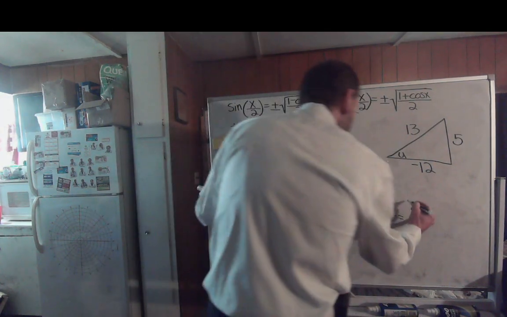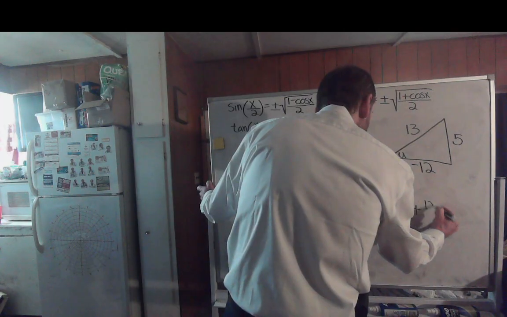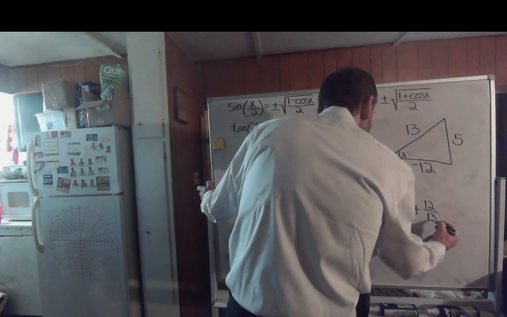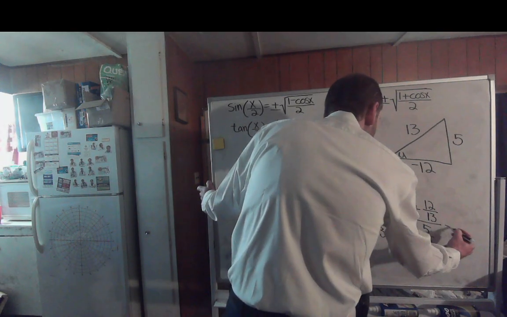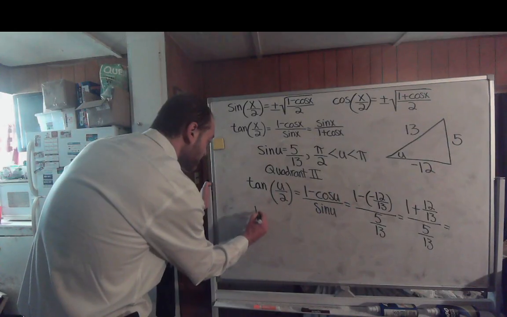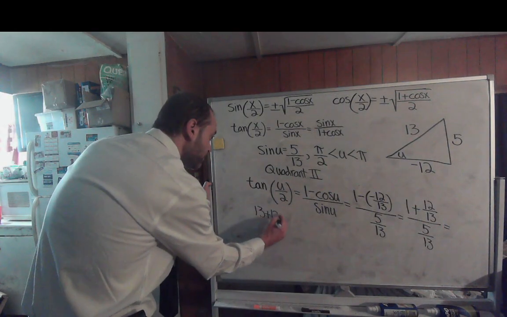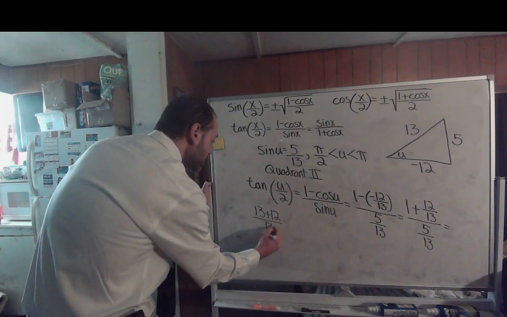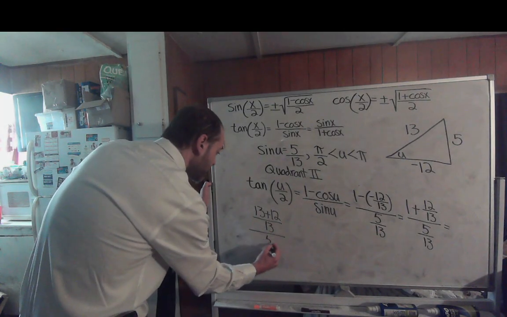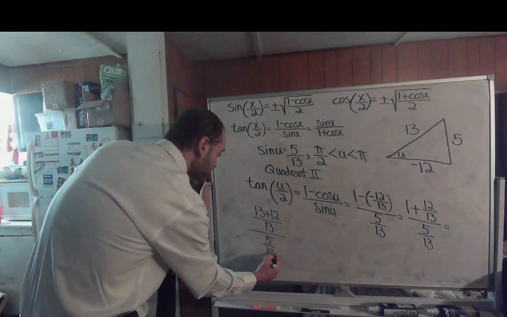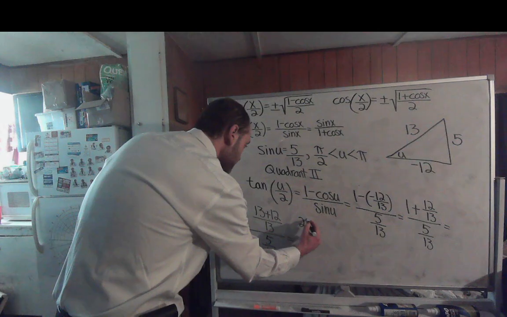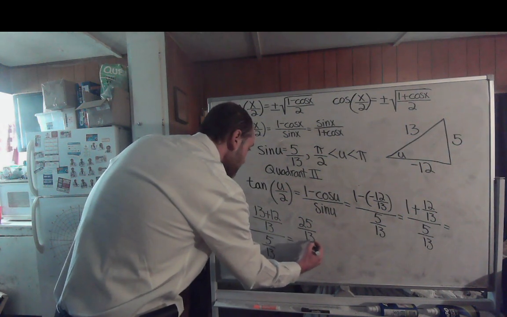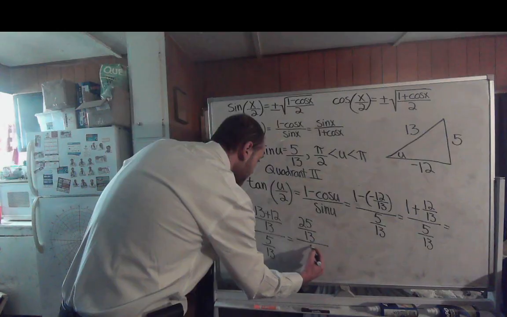which would end up equaling 1 plus 12/13 all over 5/13. So that's going to equal 13 plus 12 over 13 all over 5/13, which would give you 25/13, all that all over 5/13.